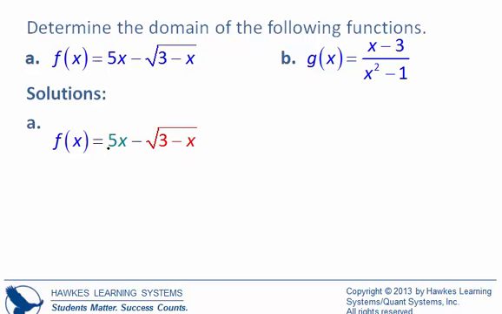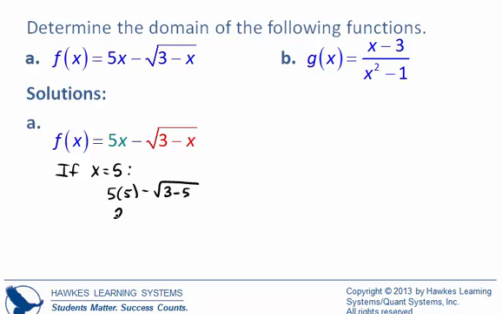For example, if I were to plug in an x value of 5, so let's suppose that x is equal to 5, look at what happens in that case. We would take our function, and where there's an x, I would put a 5. So I'd have 5 times 5, which again we knew was not going to be a problem, and then the square root of 3 minus 5.